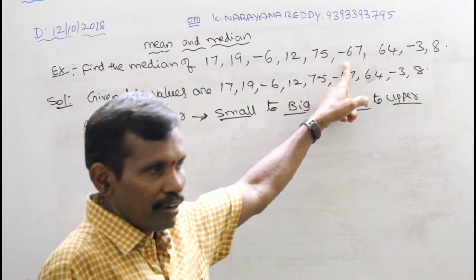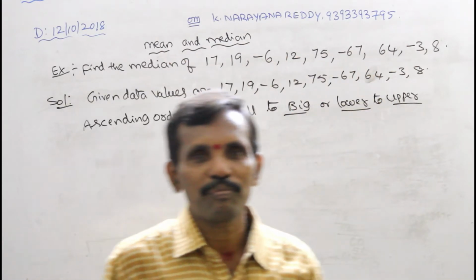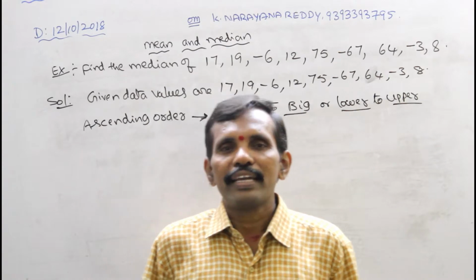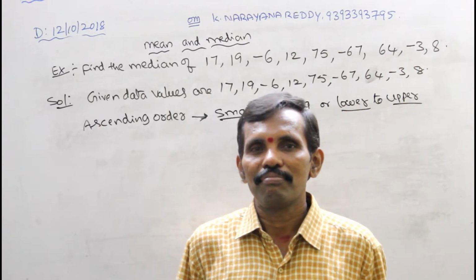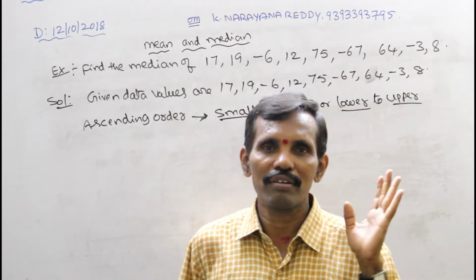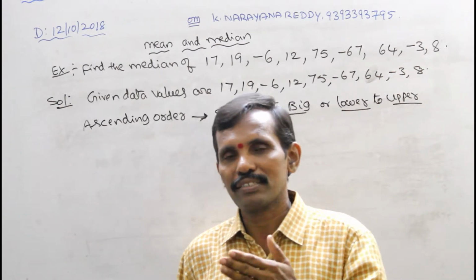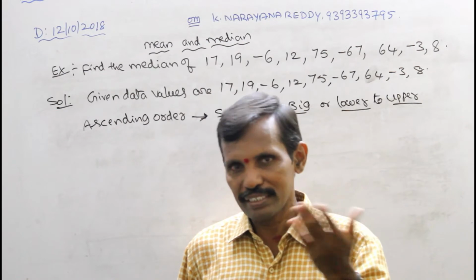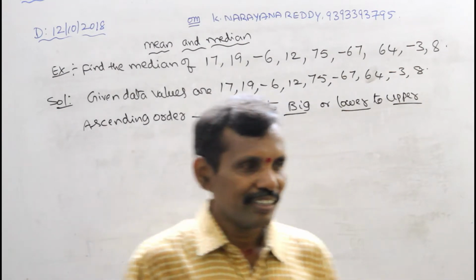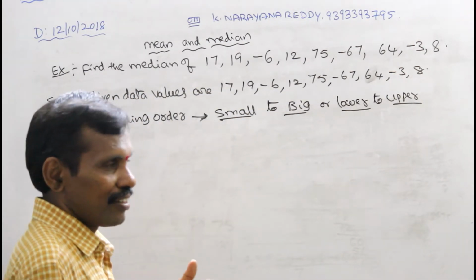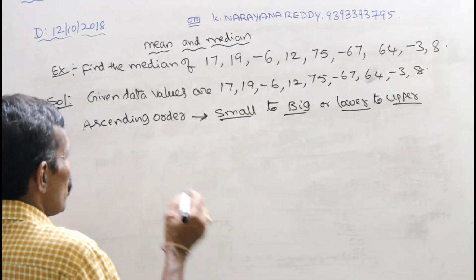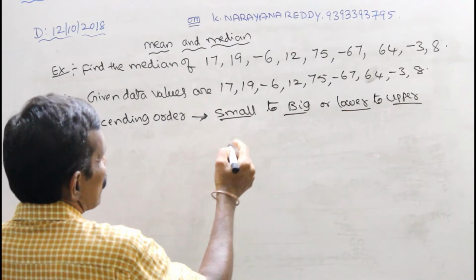Minus 67, not minus 3. In negative values, the bigger number comes to the small one. Like minus degrees Celsius, it decreases the temperature. Same manner, yes or no? It goes to minus.